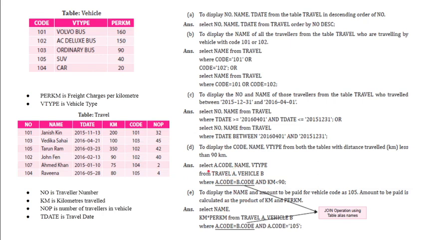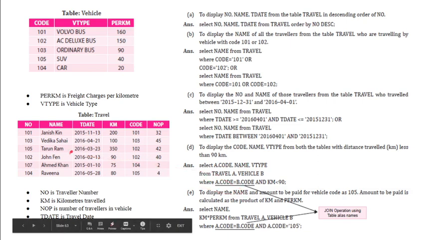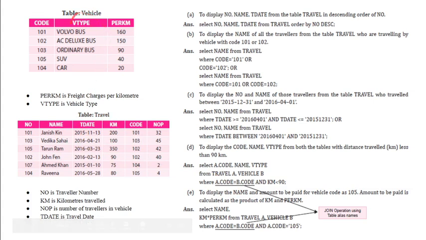So select vehicle dot code, name, V type from travel, vehicle. Travel is the first table and vehicle is the second table.